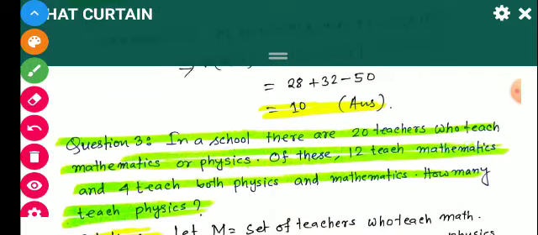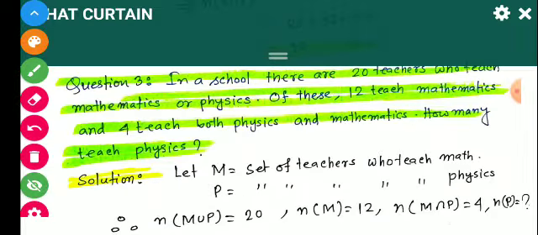Now next question, question number 3, telling us in a school there are 20 teachers who teach mathematics or physics. This word 'or' represents union.